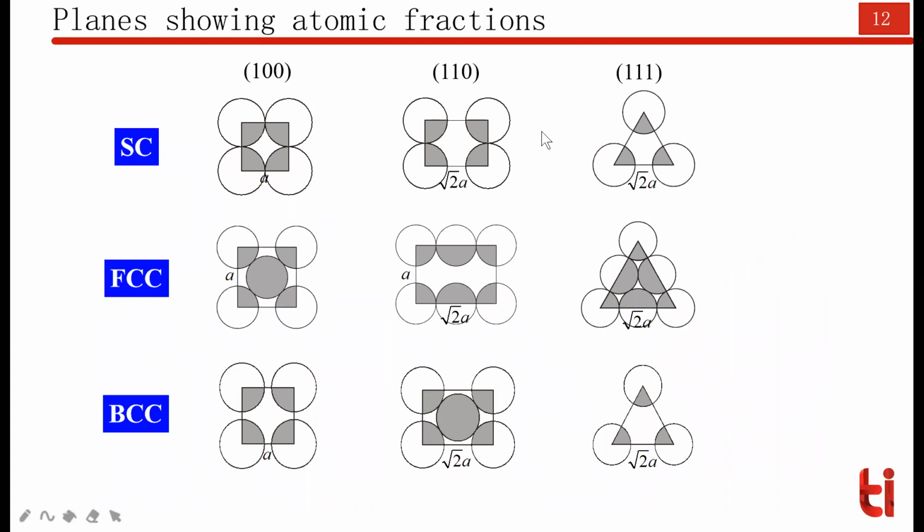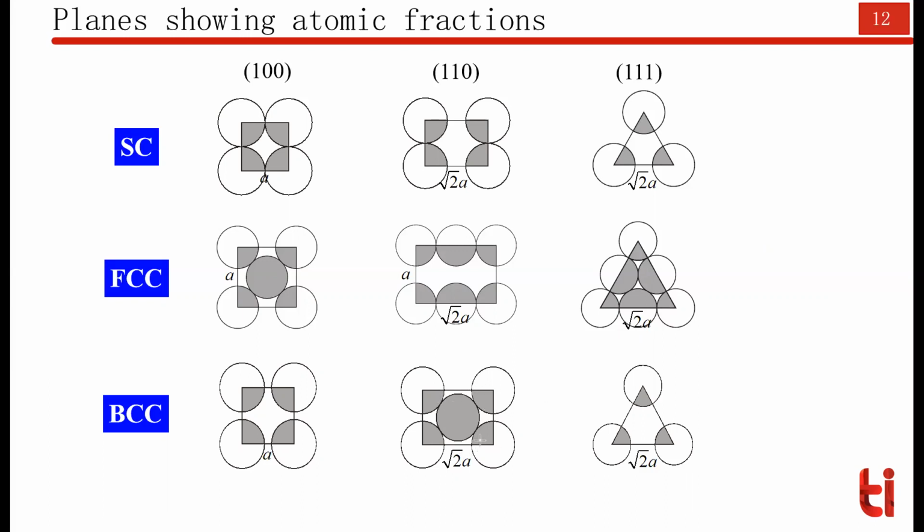So my overall 2D situation is like this. I have 4 corner atoms and 1 central atom lying in the middle of the plane. This time you can see your body centered atom is completely within the plane.